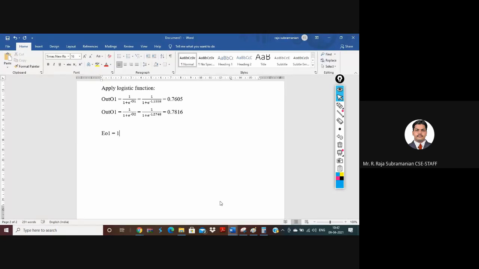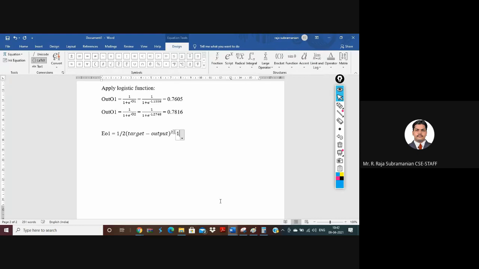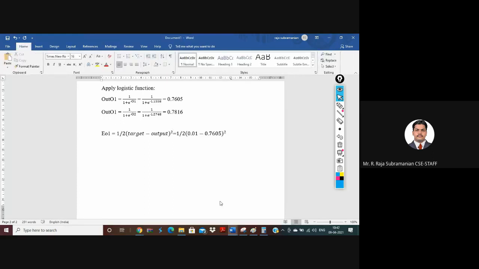So initially I'll take this as 1 by 2. I'll write target minus output, that is out O. So the error E O1 is 1 by 2 into 0.01 minus 0.7605 the whole squared, and error O2 will be this 1 by 2, because there are two output cells.